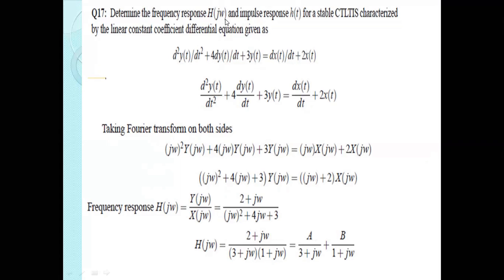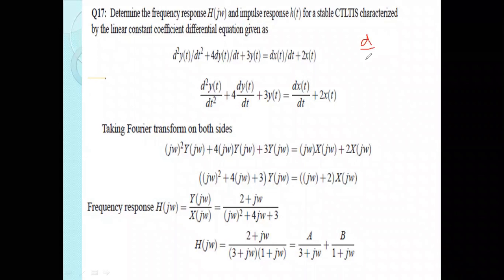Determine the frequency response H of j omega and impulse response h of t for a stable continuous time linear time invariant system characterized by the linear constant coefficient differential equation given as d square y of t by dt square plus 4 dy of t by dt plus 3 y of t is equal to dx of t by dt plus 2 into x of t. So find the Fourier transformation of this function.